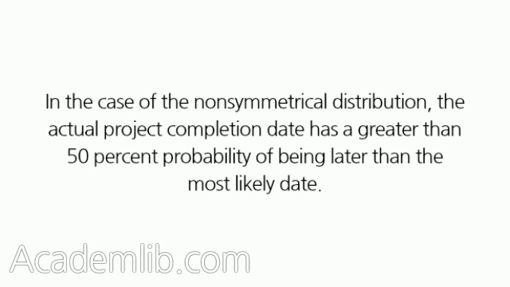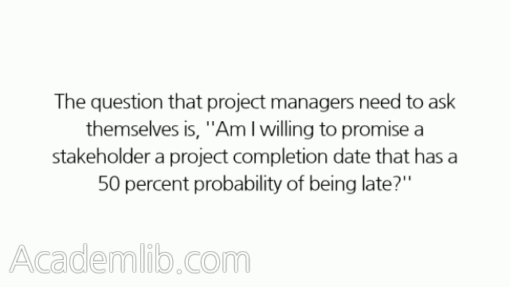In the case of the non-symmetrical distribution, the actual project completion date has a greater than 50% probability of being later than the most likely date. The question that project managers need to ask themselves is, am I willing to promise a stakeholder a project completion date that has a 50% probability of being late?